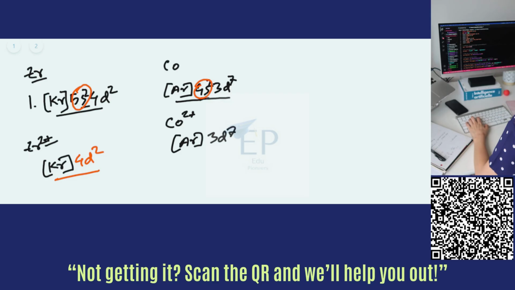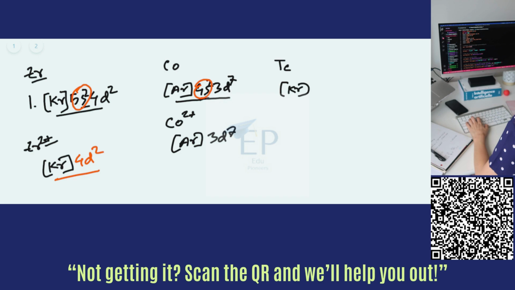Then let's find the electronic configuration for Tc. The noble gas preceding Tc is krypton, and Tc is in the fifth period.